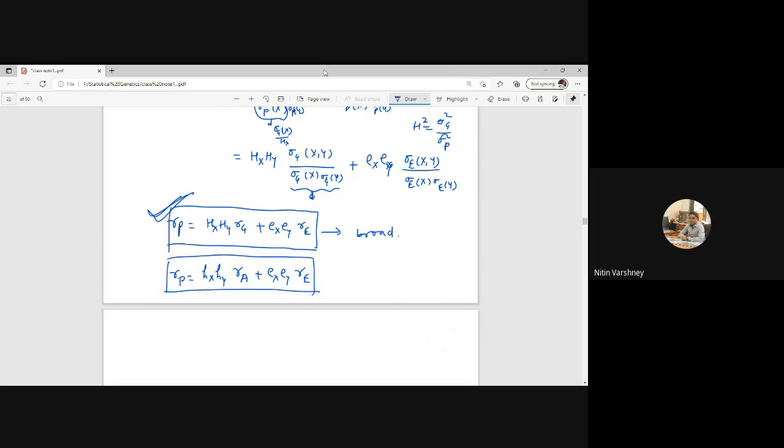Okay. Any doubt in this? So this is on the basis of broad sense heritability. This is on the basis of narrow sense heritability. So this is about the genetic correlation. Now we will see the importance of this genetic correlation.